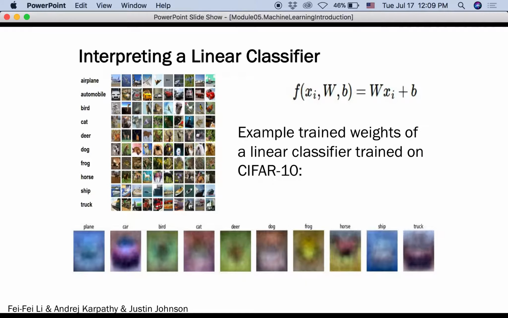So this gives you an understanding of what the classifier has learned. Notice that for a plane, the weights are blue all over, but there is a little bit of shading and something in the middle.